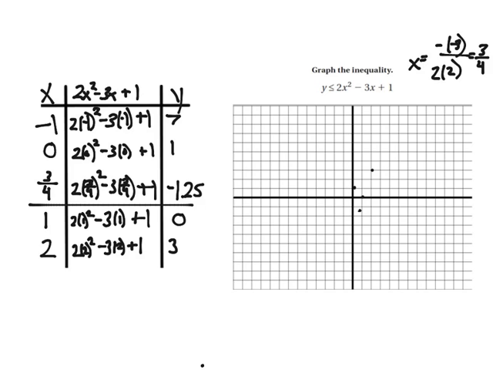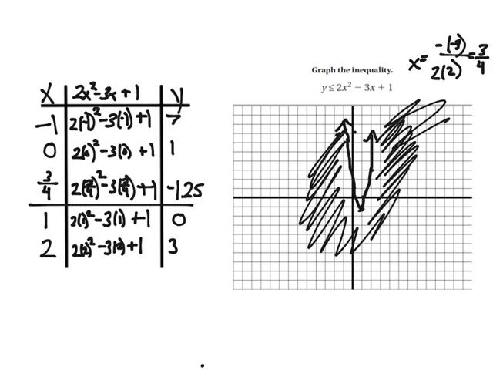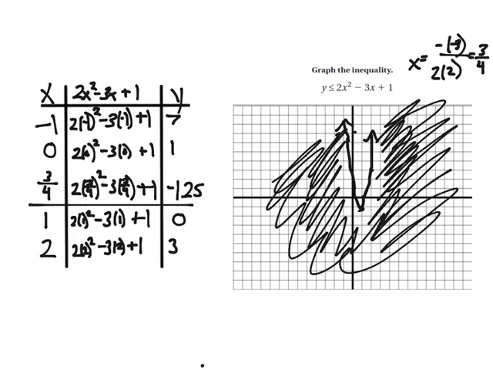And then negative 1, 7. 1, 2, 3, 4, 5, 6, 7. Okay, draw our graph here. Now it says everything less than the vertex, therefore we shade on the outside of it. Also, the line would be solid because it is less than or equal to.